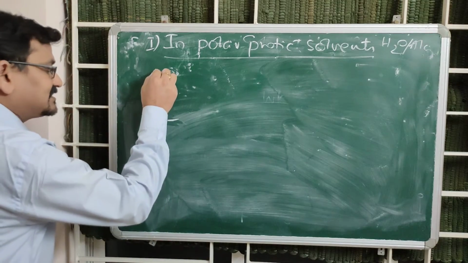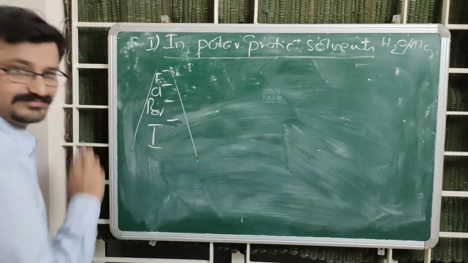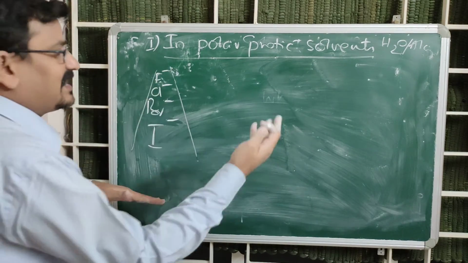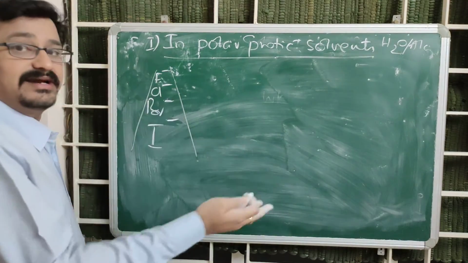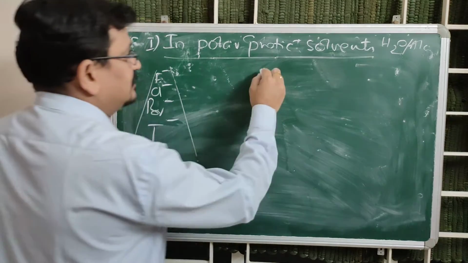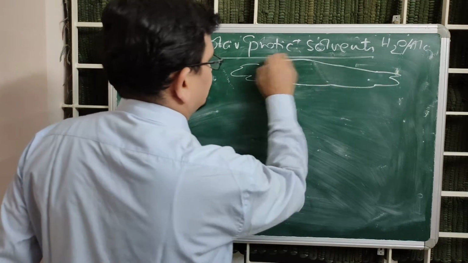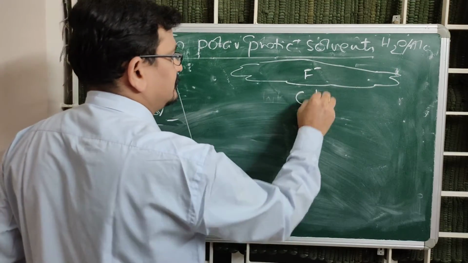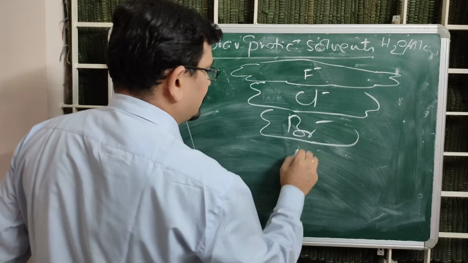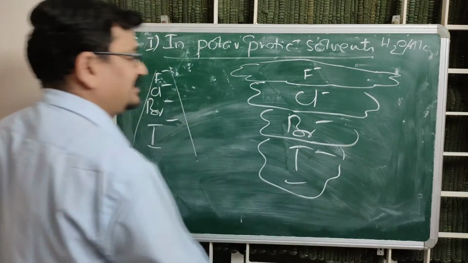This is the size of the ions without hydration, anhydrous ions. After getting hydrated, which is more readily hydrated? F minus, the smaller one, will get more readily hydrated. So in the hydrated state, this is the size of fluoride, this is chloride, this is bromide, and this is iodide.